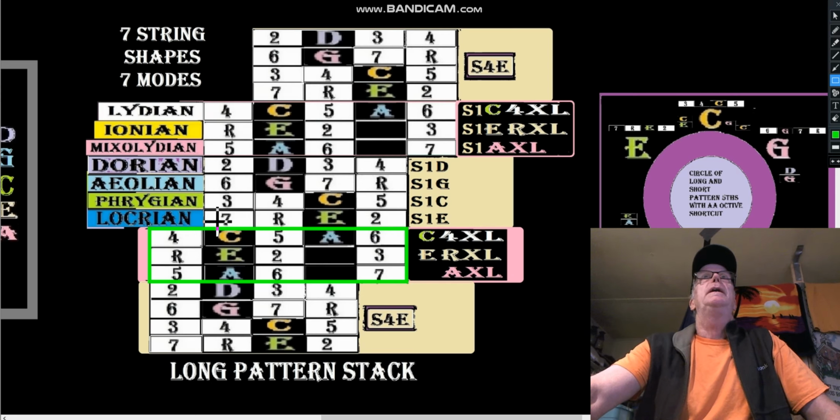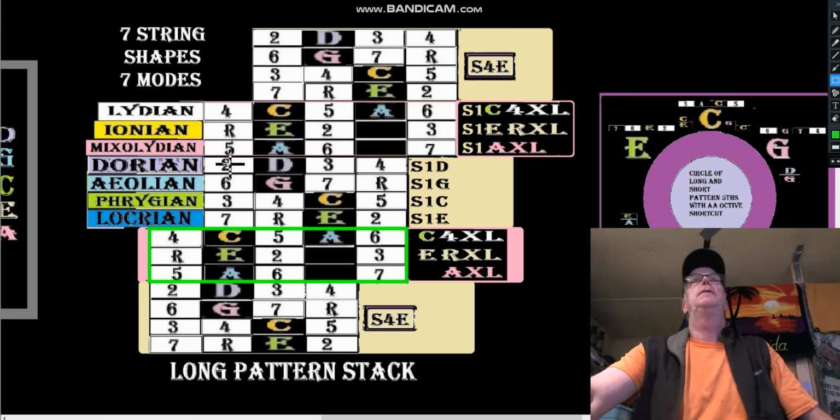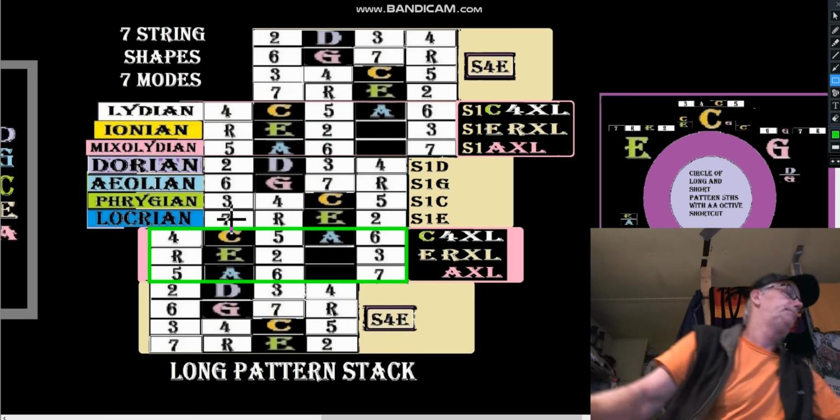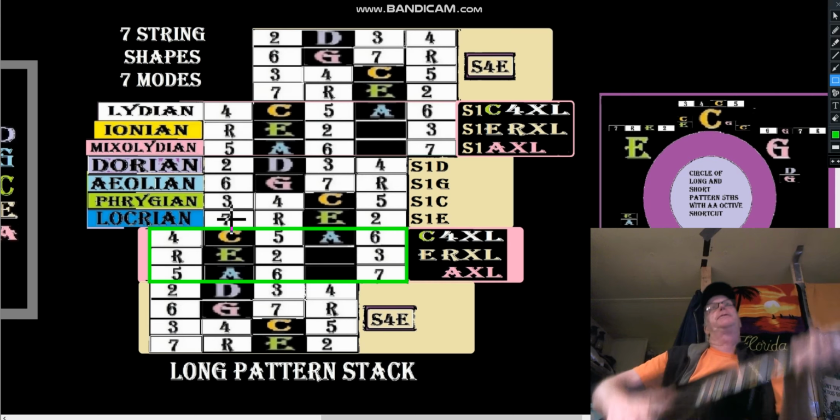So now with this pattern stack, we've got all the modes. We've got root 2, 3, 4, 5, 6, 7 root 2. Okay, so if you use the diatonic, meaning all the steps of the scales, and just start on any one of them, you have that particular scale.